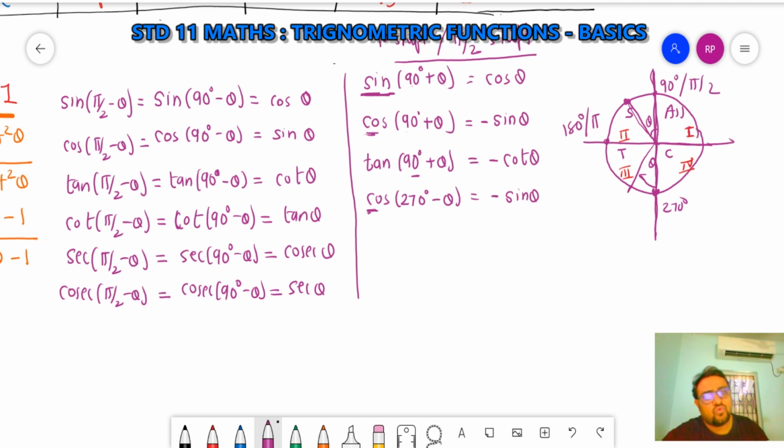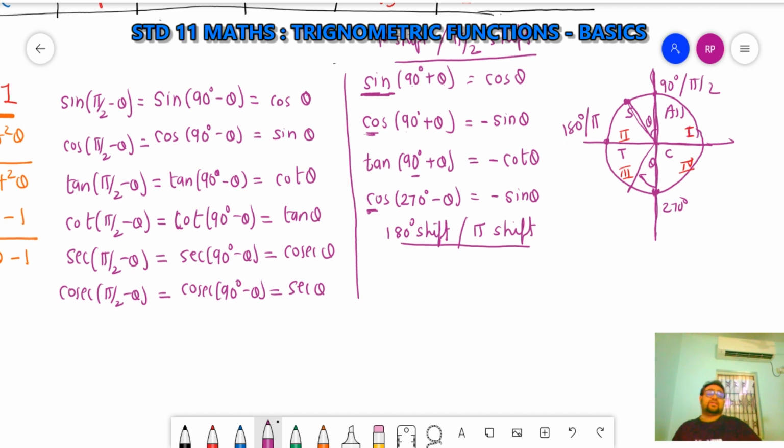Clear? Now there is a 180 degree shift, or pi. Remember, whenever there is a 180 degree shift, you need not change the trigonometric function. Sine will remain sine, cos will remain cos, tan will remain tan, and so on.